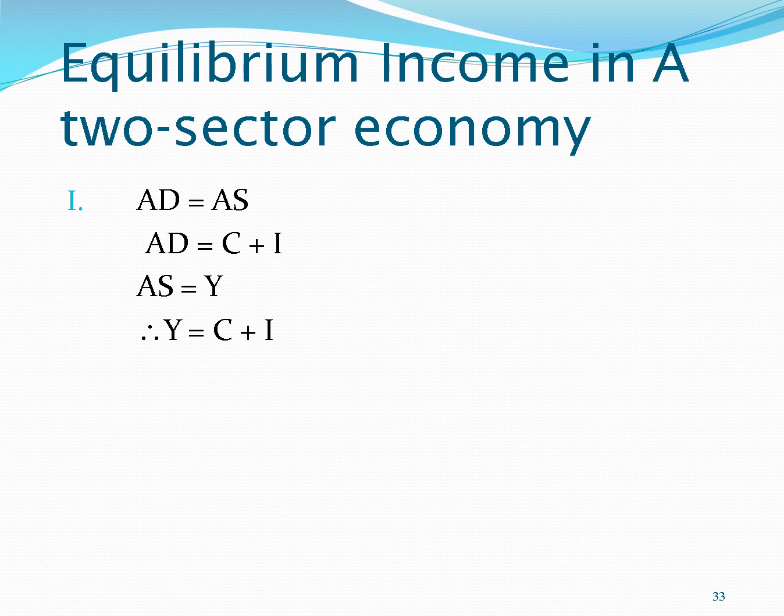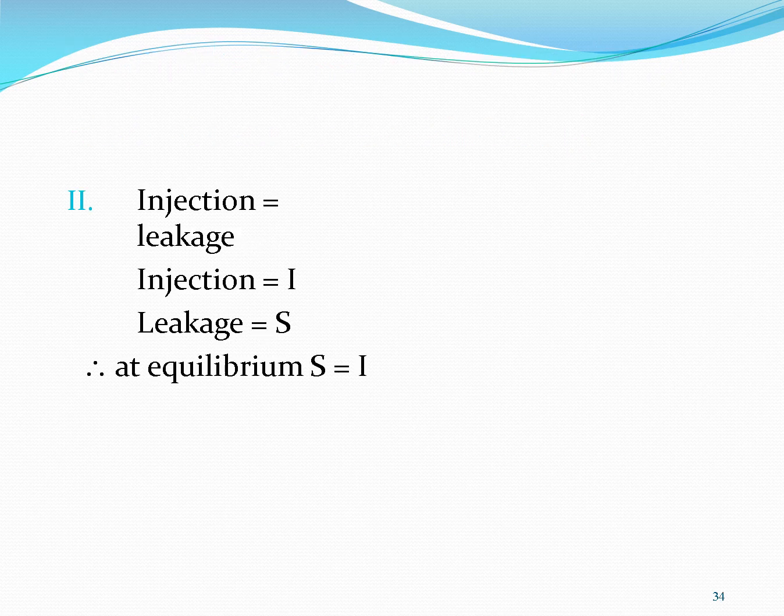This is the formula to get the equilibrium income. You have to make sure you know we have two sector, three sector, and the last one, four sector. Two sector means C and I only. Aggregate demand is equal to C plus I, and aggregate supply is equal to Y. So Y equals C plus I, where C is consumption and I is investment.